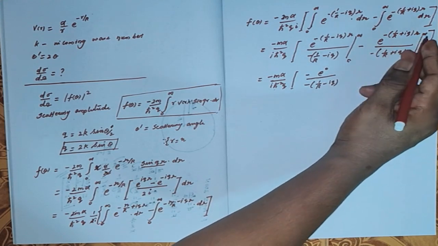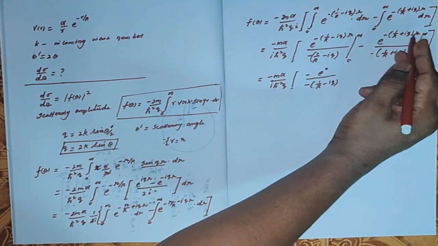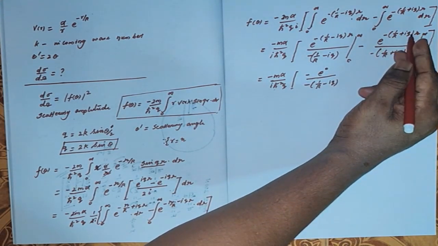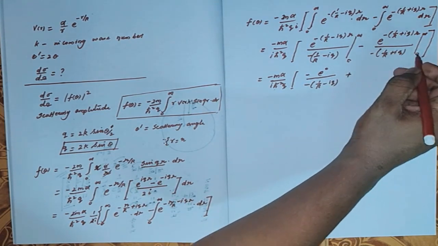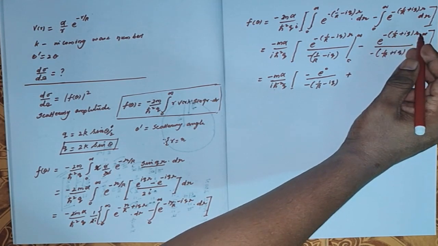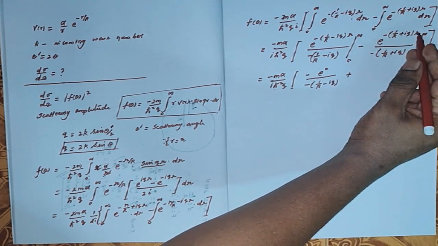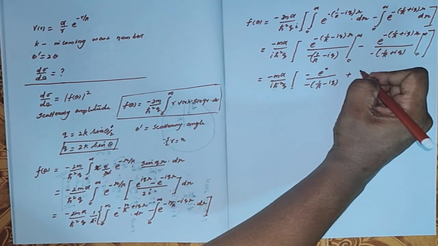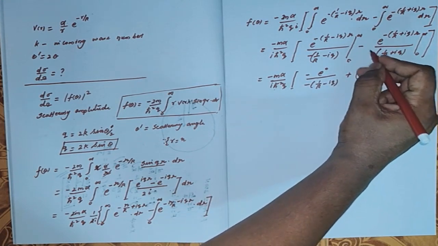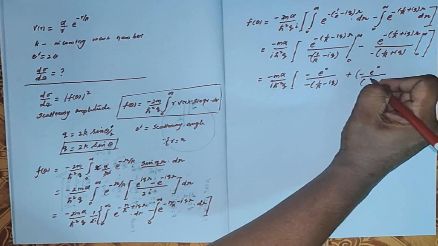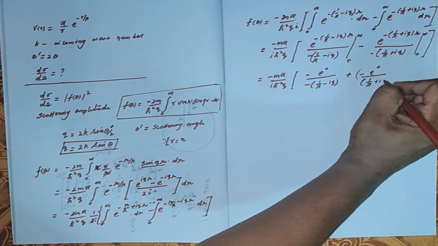Here again, substituting the upper limit, it goes to 0, because e power minus infinity goes to 0. Minus into minus you can put plus. Then substituting the lower limit, it will be minus e power 0, divided by, since we already cancelled with this minus sign, 1/r plus iq.